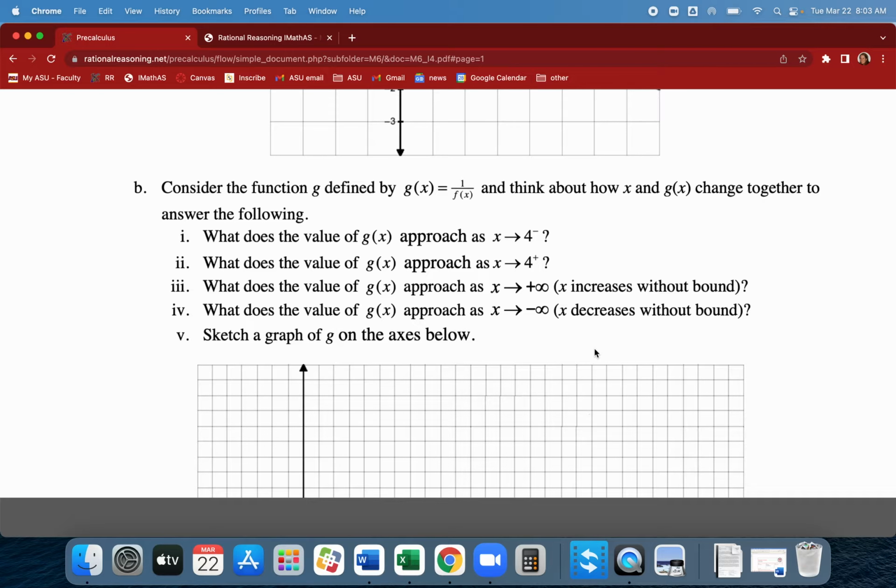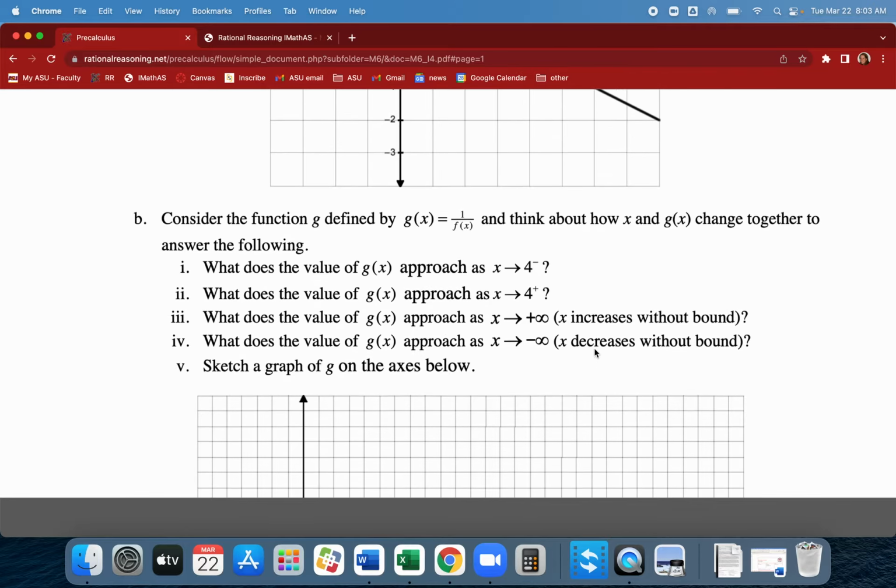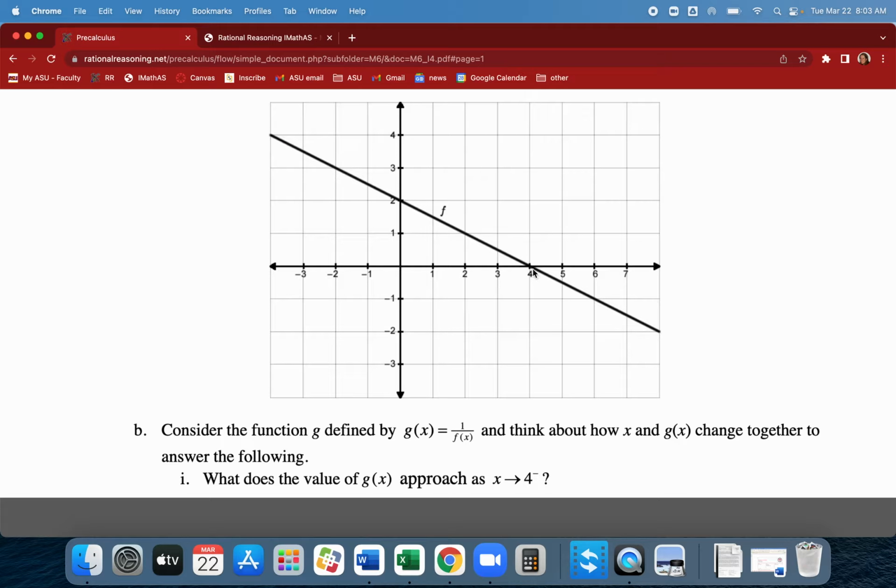So I can say that g of x is increasing as we approach 4 from the left. If I were just looking at this graph and not this sketch that I've done already, I'm like, well, as x approaches 4 from the left, I'm getting values like 0.01, 0.001, 0.0001.